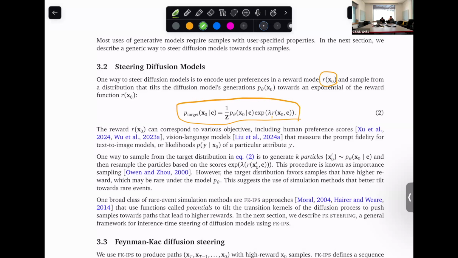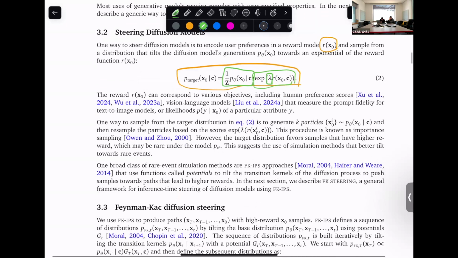There's also a bit of unclarity in specifying what we actually want to do, because there's this lambda, and you can change this lambda such that you're essentially just sampling the Boltzmann distribution of this.